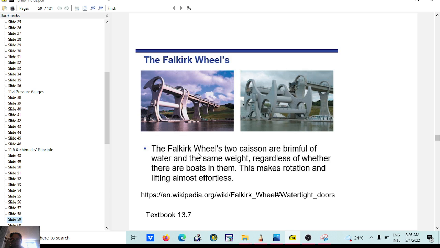Kirk wheel. It's an amazing design in engineering. It's in Scotland. So you have some kind of scale, okay? It's like you have two plates. That will be your scale here. And no matter the size of the boat, no matter the mass of the boat, it will always be in equilibrium. And because it's always in equilibrium, it doesn't take much effort to take that boat here and bring it here.